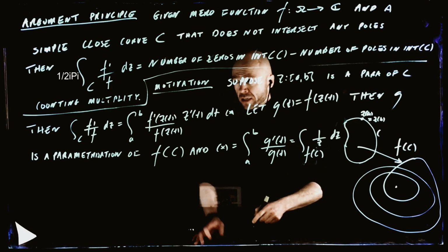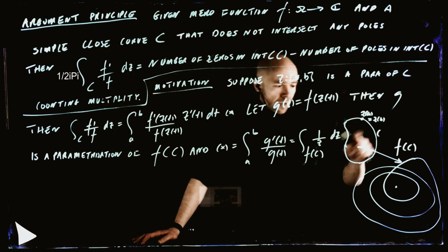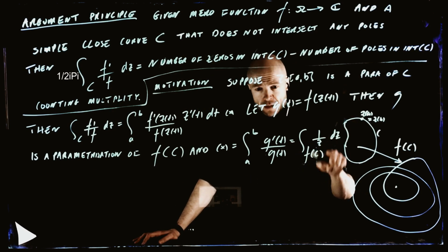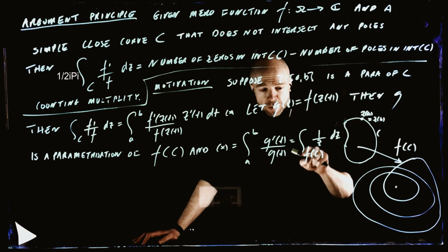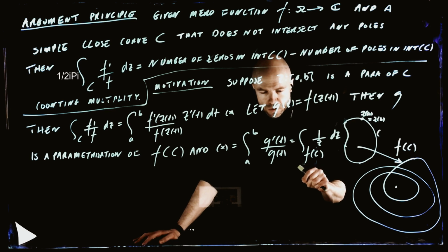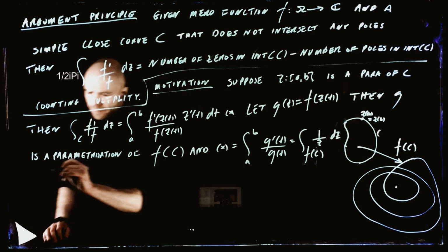Yeah? So what this thing actually is, it's the winding number of this curve f of C. Yeah? Thumbs up if everybody's with me here. Okay, cool. So let's look at examples.